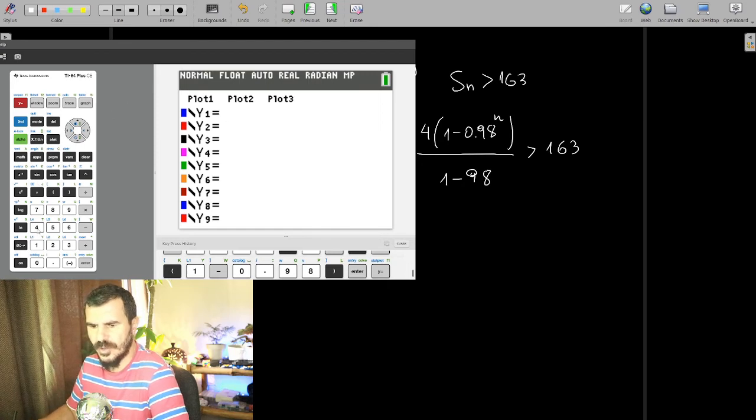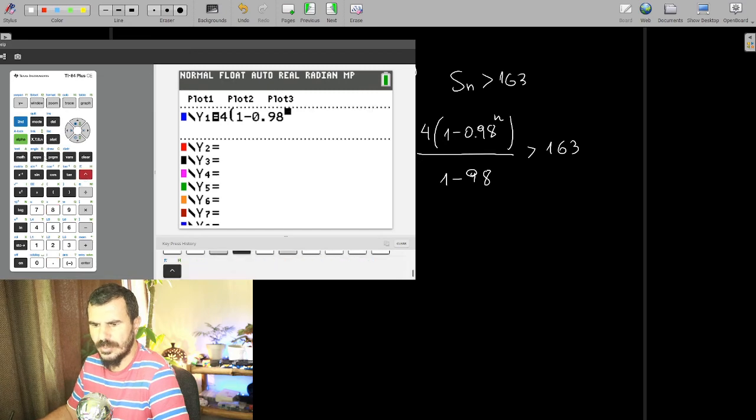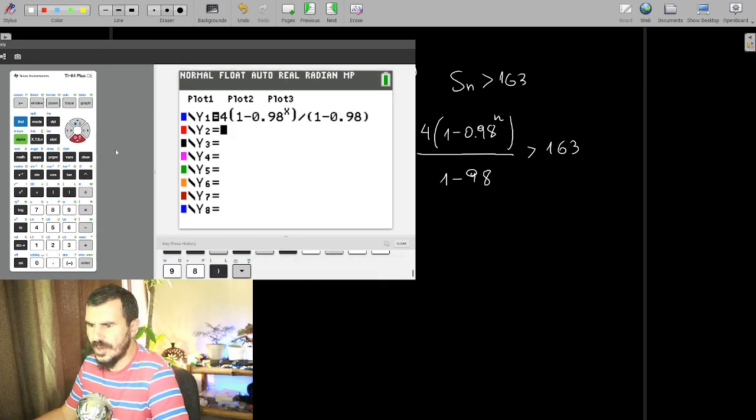So 4 times 1 minus 0.98 to the power of x. In the calculator I can put x, it's okay. Divided, be careful, bracket 1 minus 0.98, and the other equation will be 163, and I graph it.